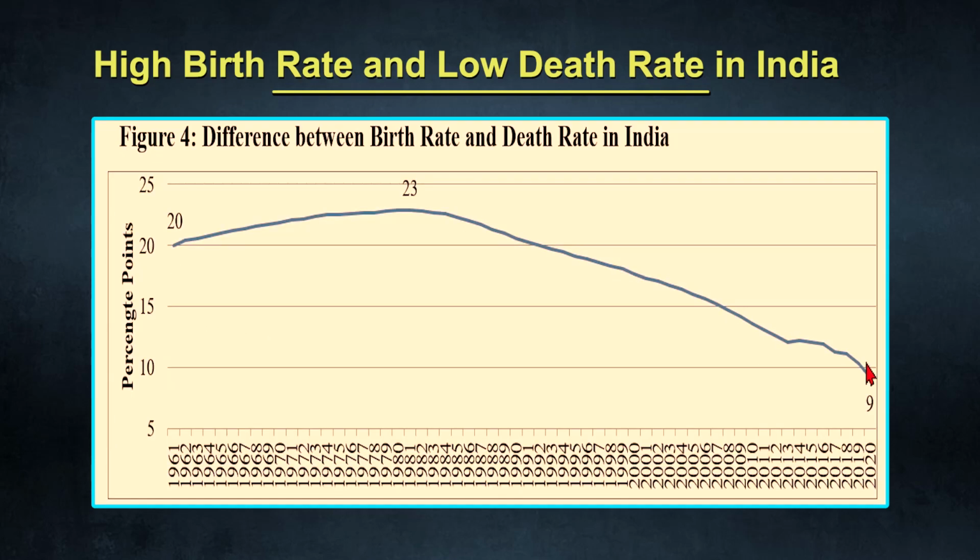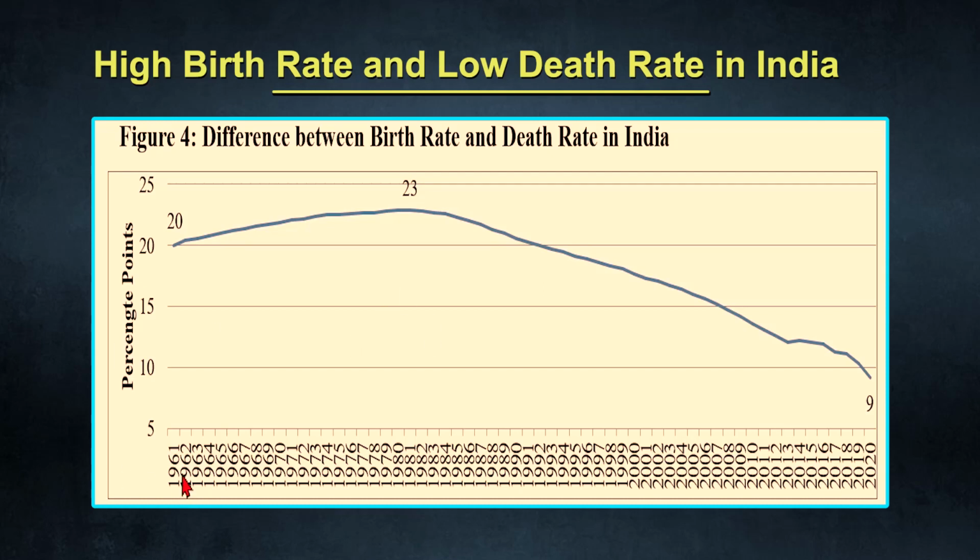Not only that, if we analyze the difference between birth rate and death rate, then this picture helps us to understand the trend of the difference between birth rate and death rate. The birth rate is usually higher than the death rate in our country. Therefore, this difference is positive.